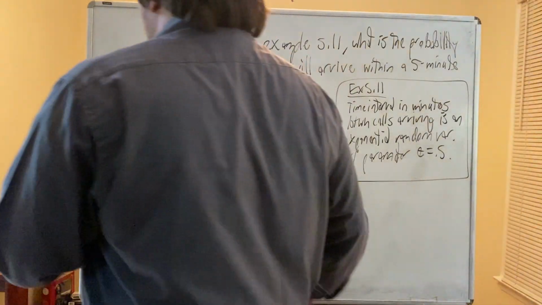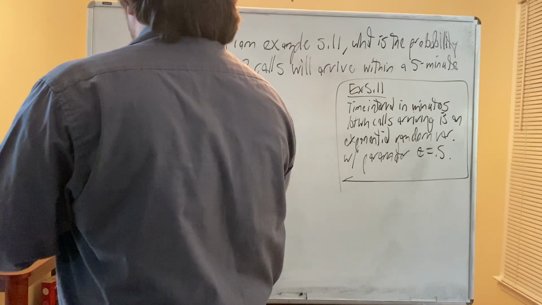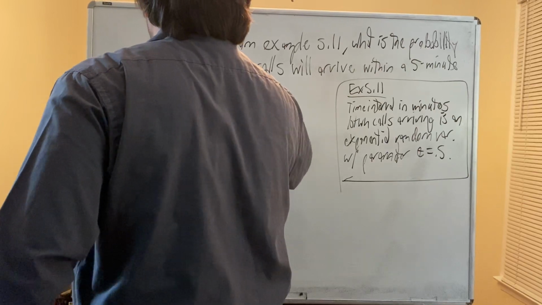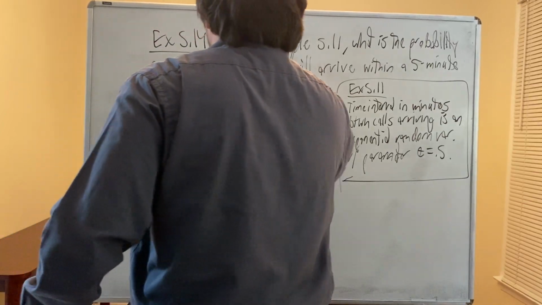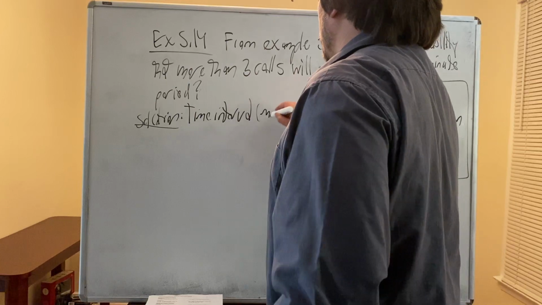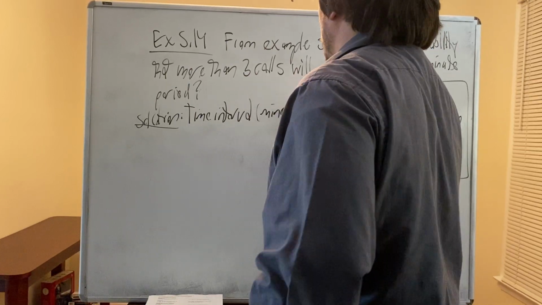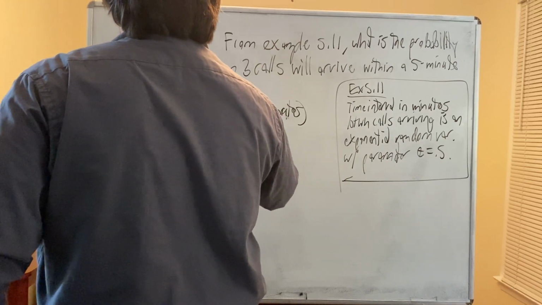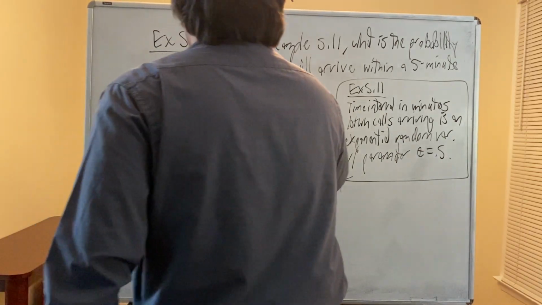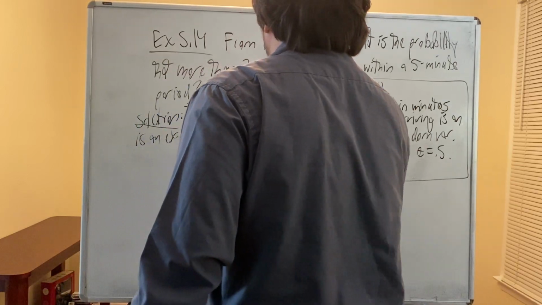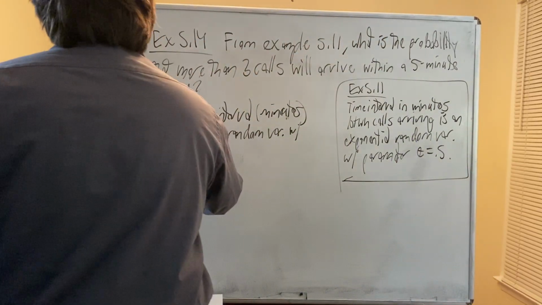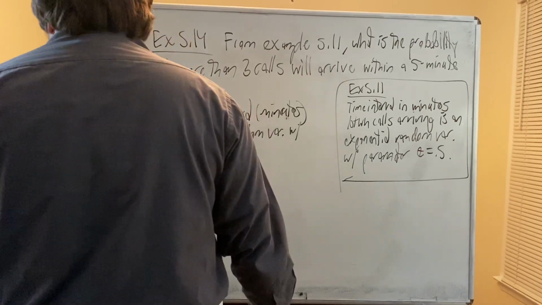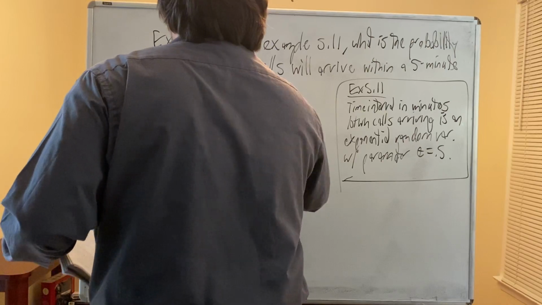Okay, so we have an exponential. Let's write the solution here. The time interval in minutes is an exponential random variable with parameter theta equals 0.5.